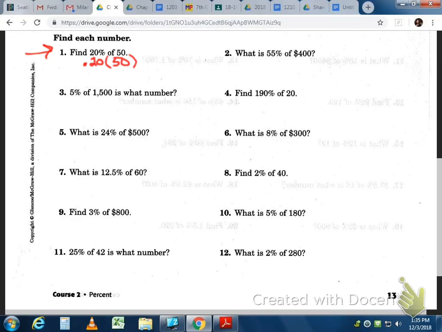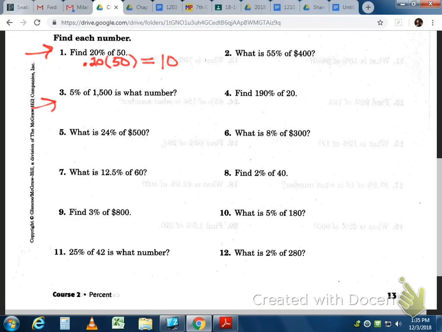Mason. It could also be just 0.2. Yes, it could be just 0.2. That's the same thing. So 0.20 or 0.2 times 50, and the answer would be 10. This is what I expect you to do on your assignment.